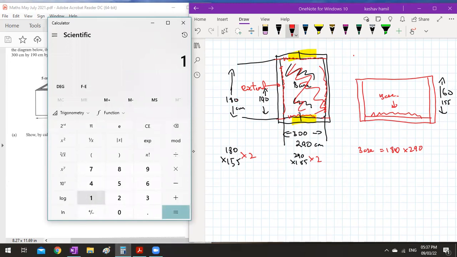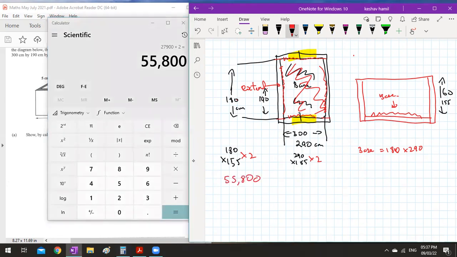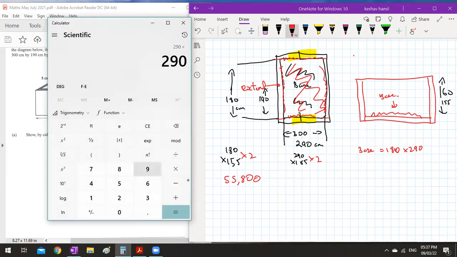So for one wall on the left side, 180 by 155 is 27,900. Now remember, this is for both sides, so we multiply by 2: 55,800. And then we have these two walls, so we'll take 290 by 155 for the height. And remember, that's the internal height we're looking at. So each one of the walls will be 44,950.